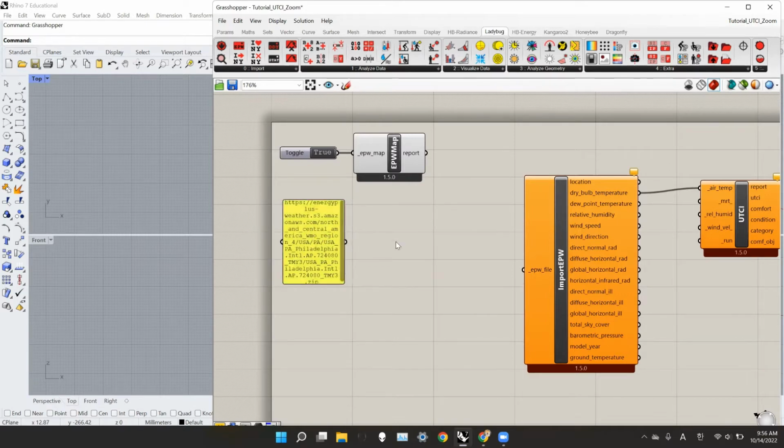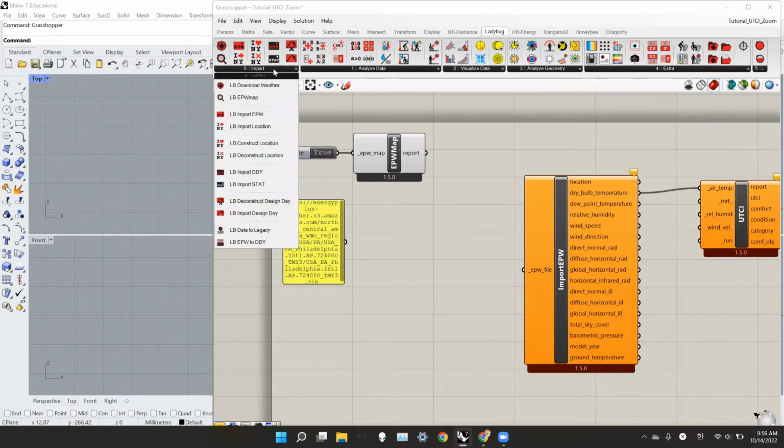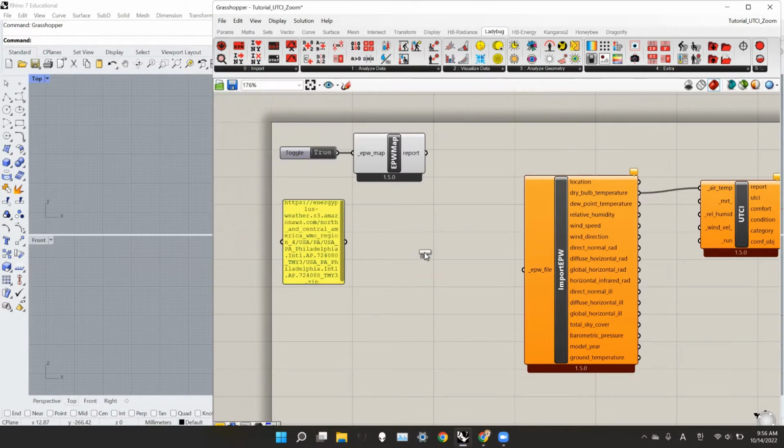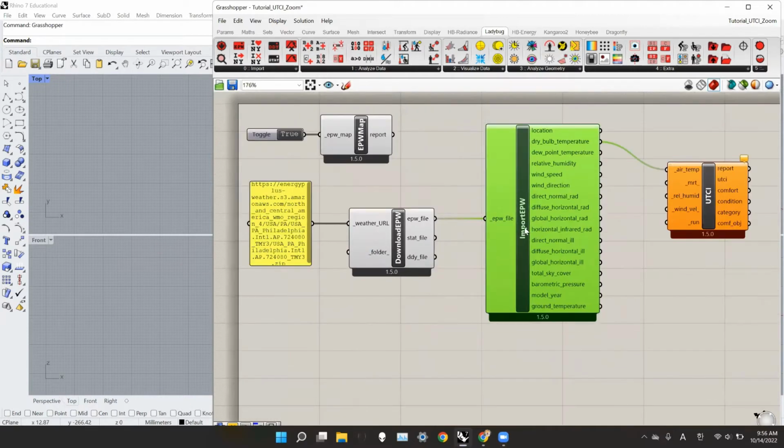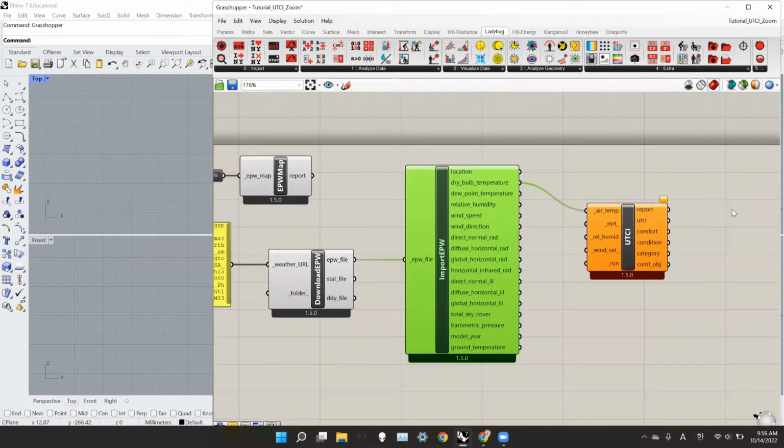Then I will import the weather data. I can use this component to bring the EPW file here. It's easy because we've done it so many times.